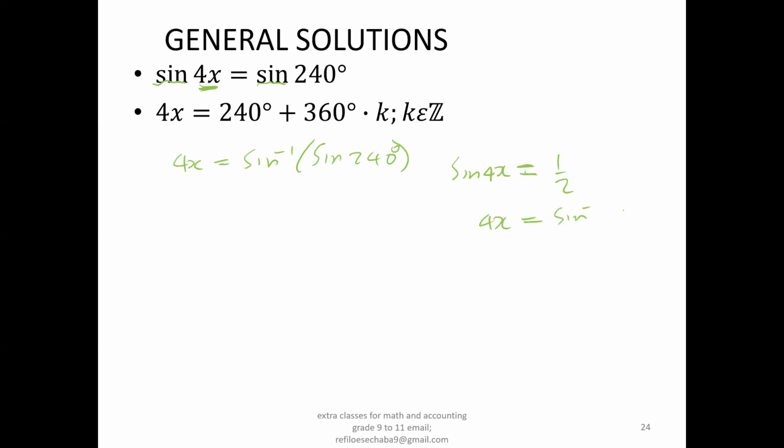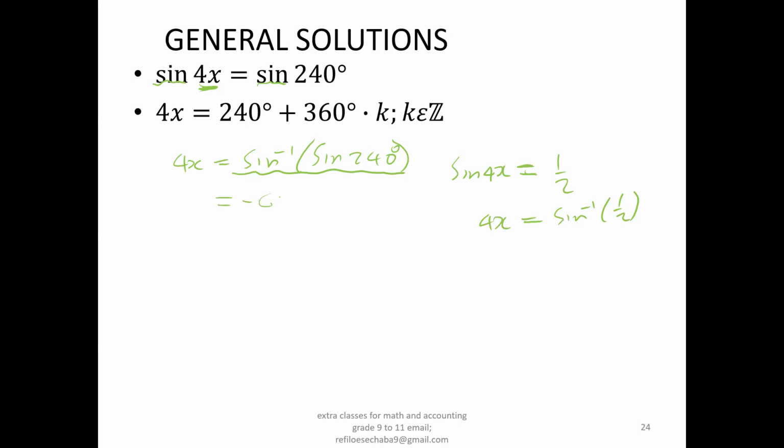So I did the same thing there. Inverse of sin. Now enter that into your calculator. What do you get? I get negative 60. You will get negative 60 degrees, okay?